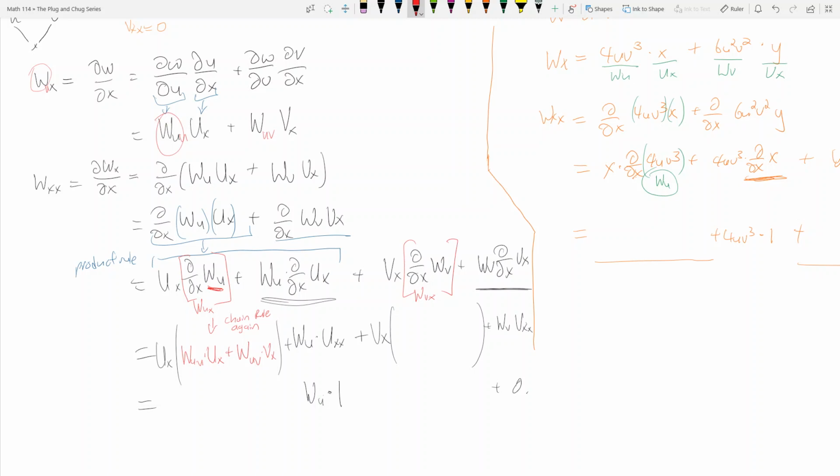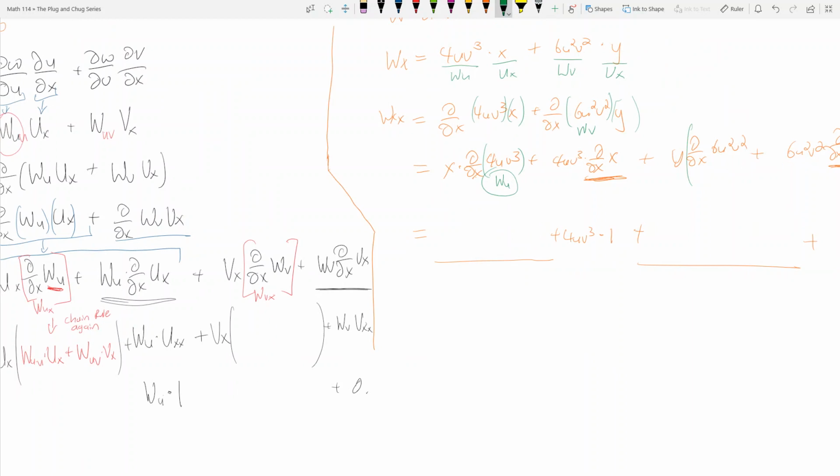So what do I do? Well, I have to do the chain rule for this guy as well. And we can see it on the right-hand side. Here is w sub v. And if I have to take the partial, w sub v sub x, well, here it is, right here. This is d/dx of w sub v.